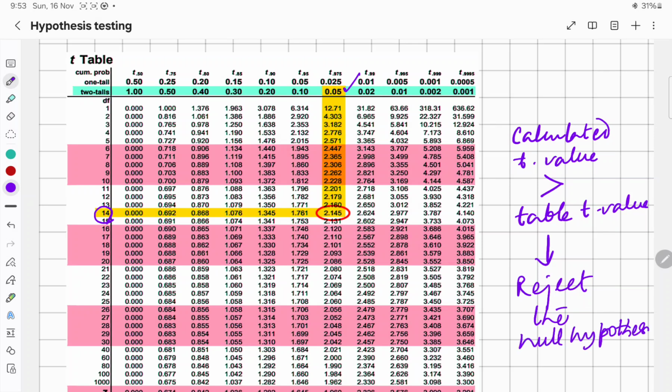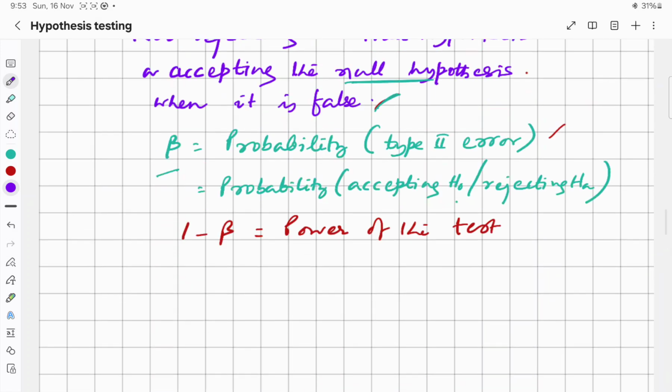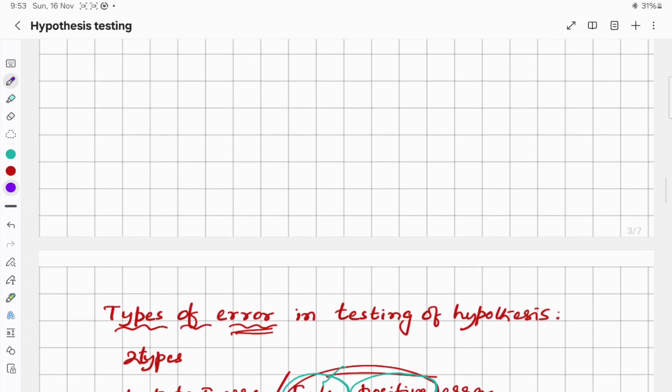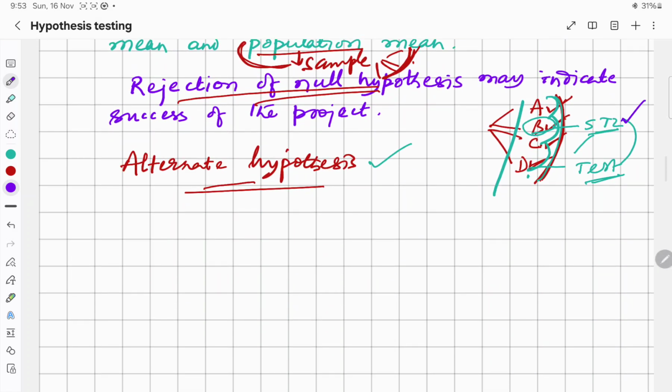In case of any two groups, we usually use the t-test. Suppose in our example, we want to compare the negative control and the test, between the standard streptozotocin and the test drug. Streptozotocin has induced diabetes, and now we want to check whether the test drug is reducing the blood sugar or not.